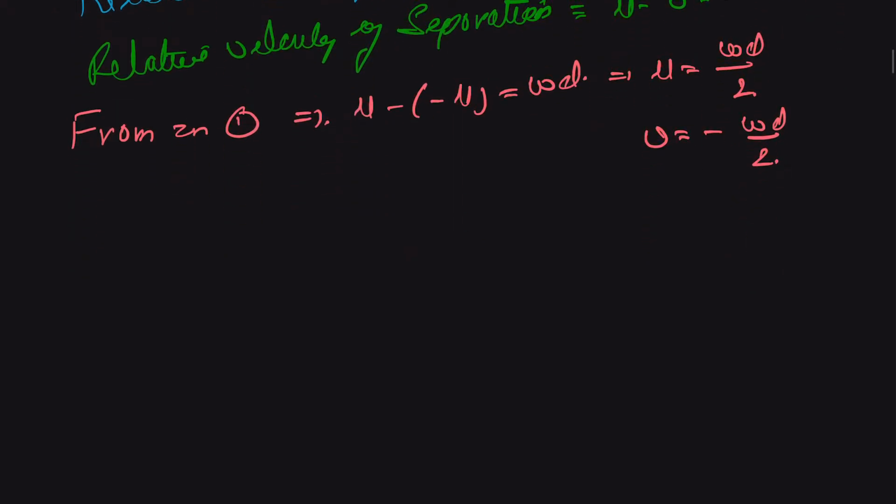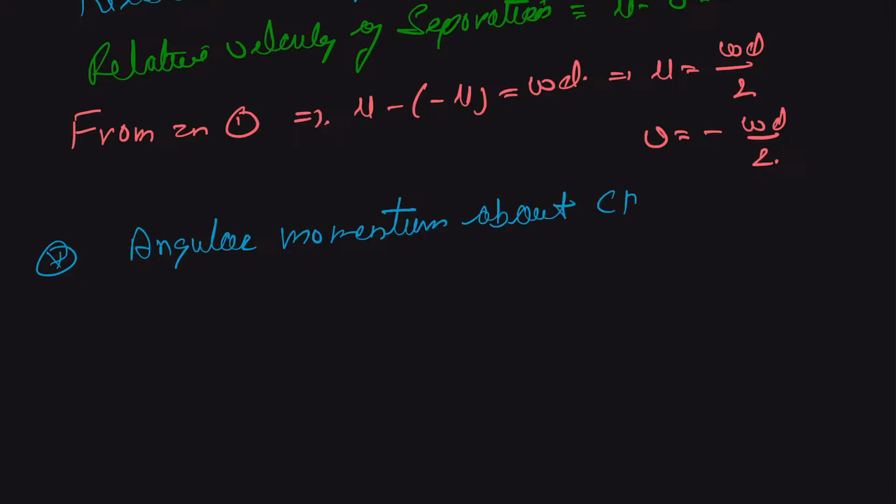And now we can use our angular momentum part. So we can say angular momentum about center of mass of the stick, and in this case we can use the concept of impulse.